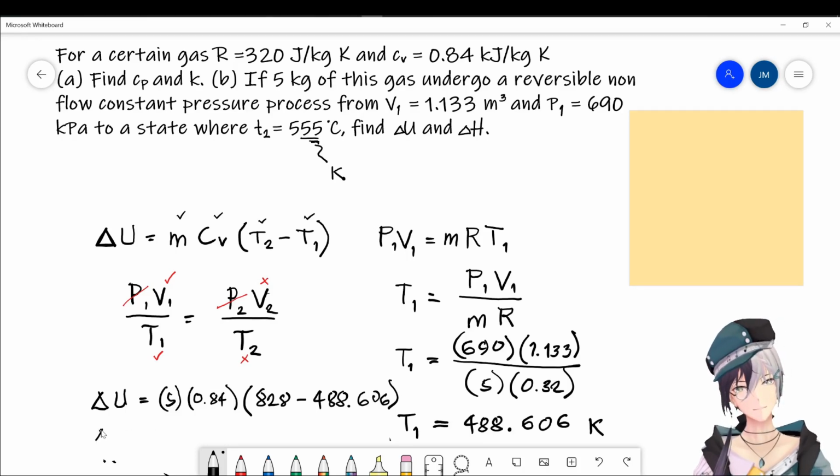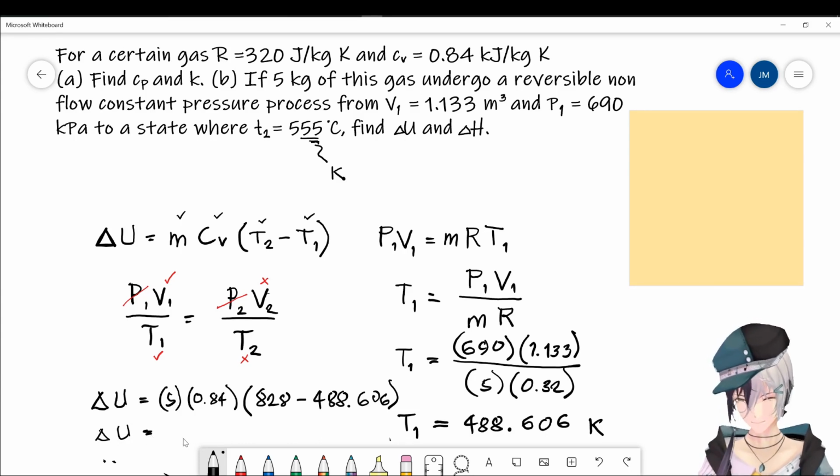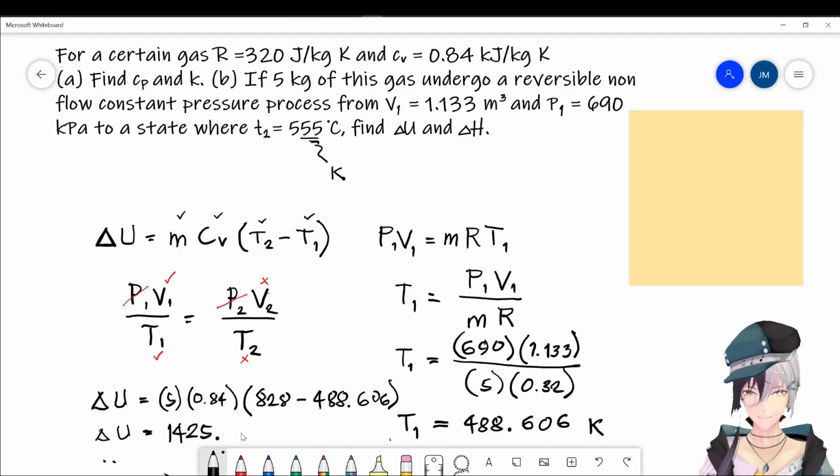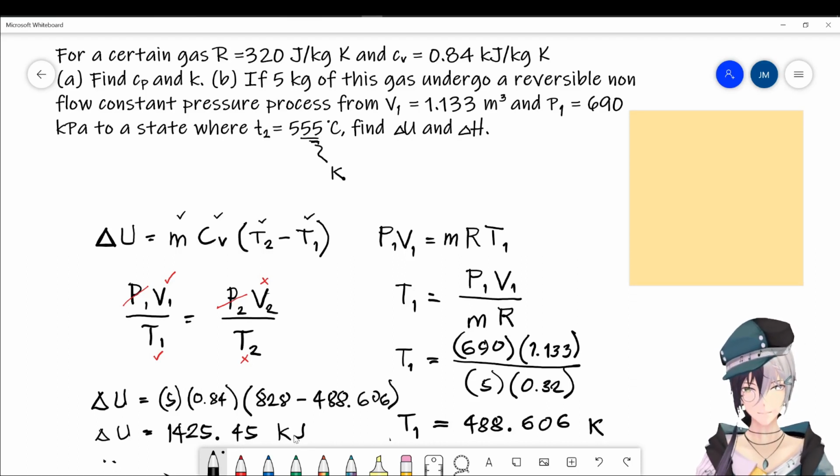And this gives you a final answer of 1425.45 kilojoules. So that answers the question for change in internal energy.